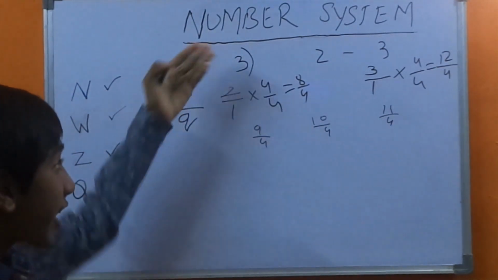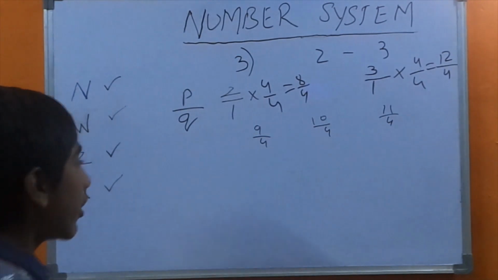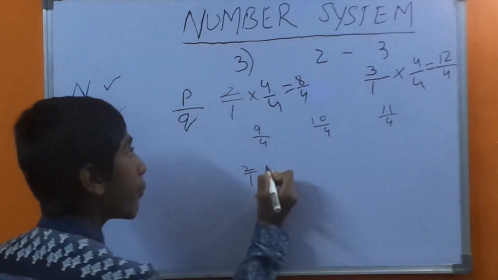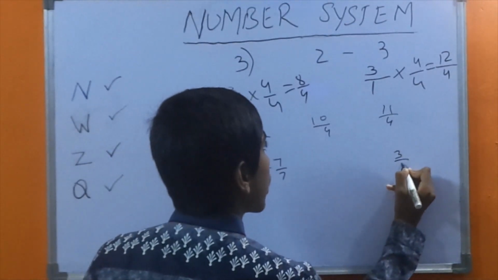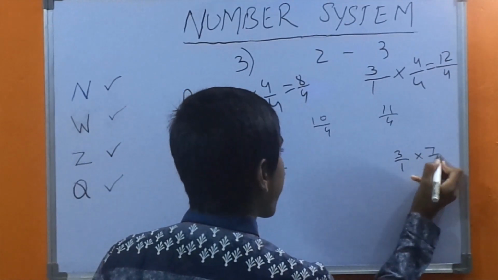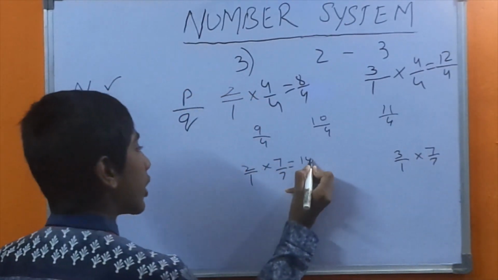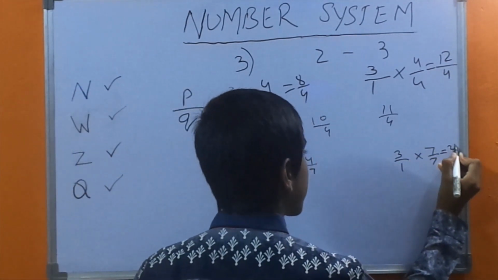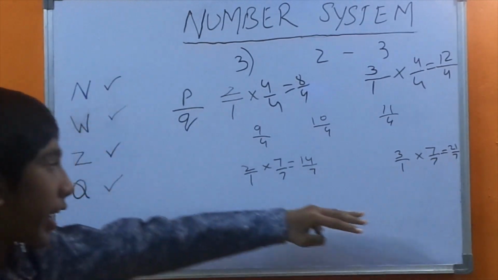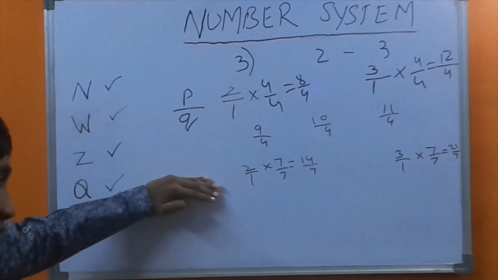If we have to find 6 between 2 and 3, we will just multiply them by 7 by 7. 2 by 1 multiplied by 7 by 7 gives 14 by 7 and 3 by 1 multiplied by 7 by 7 gives 21 by 7. This also doesn't make any difference to the original rational numbers.